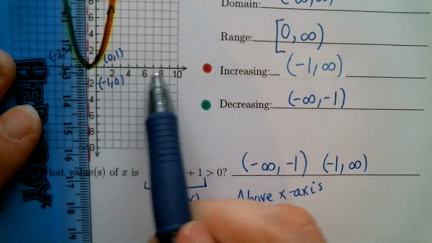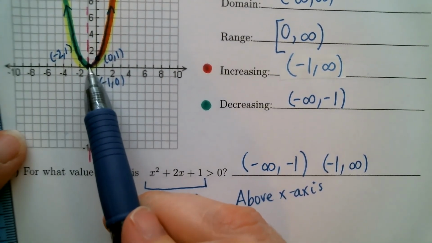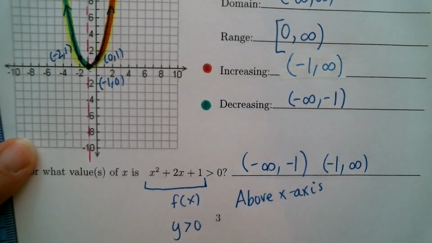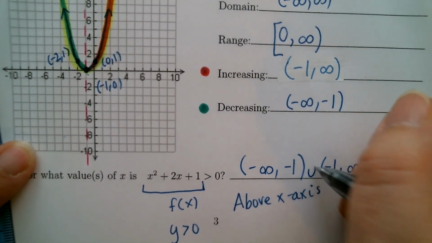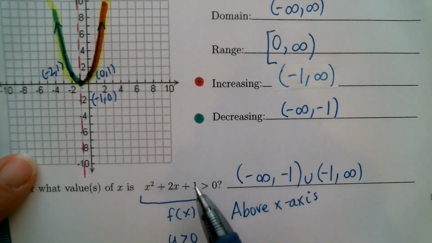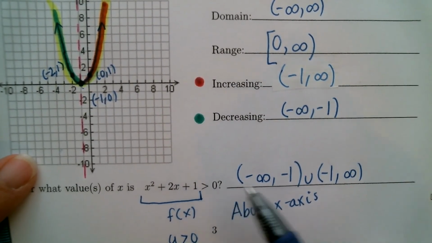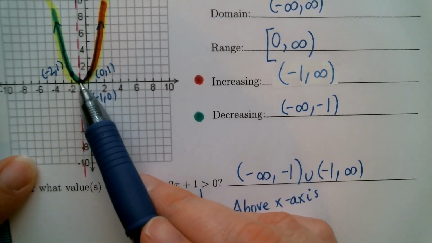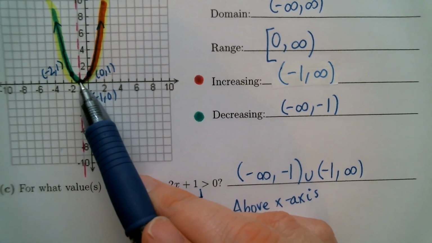Again, we have to throw out this one x value of -1 because its y coordinate is actually equal to 0. So let's put our union symbol there. This is just stating that your y values are bigger than 0. You have positive y values everywhere except right here, where you actually have a y coordinate equal to 0.